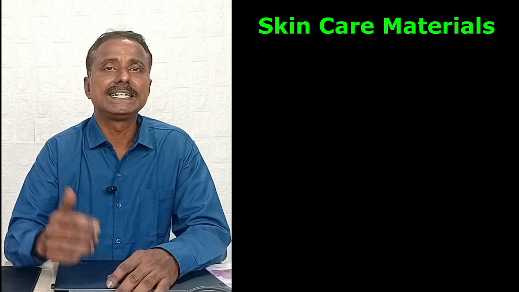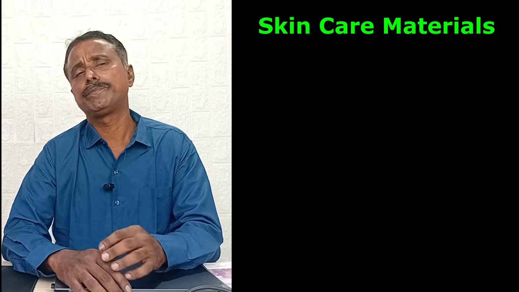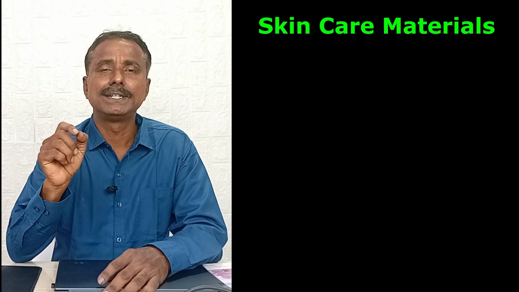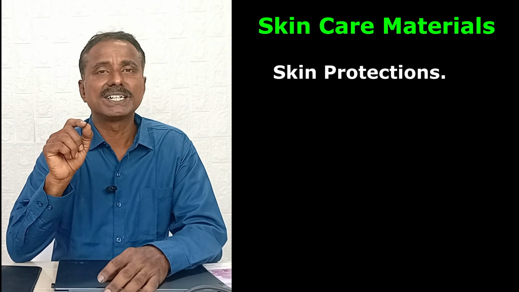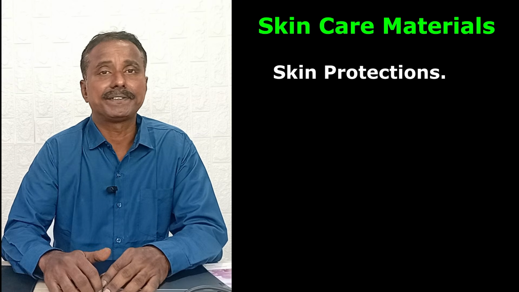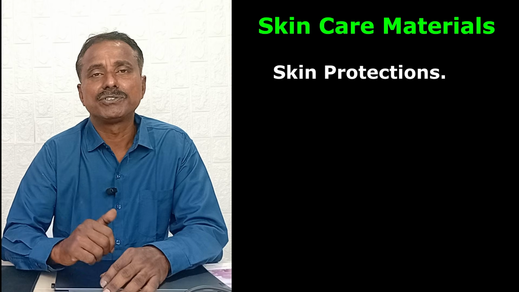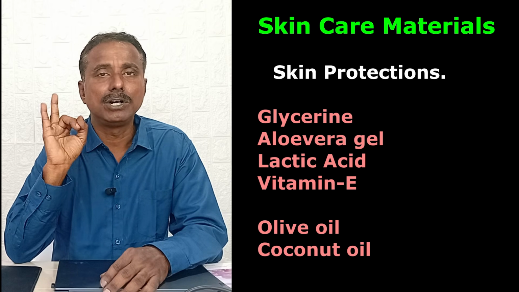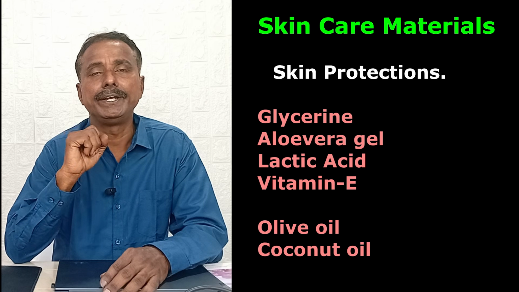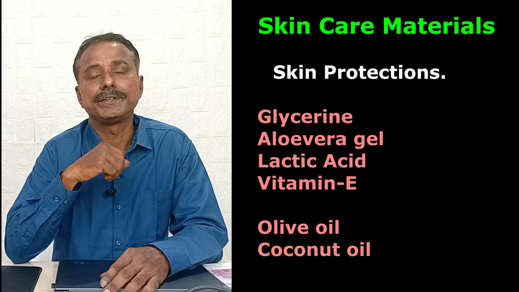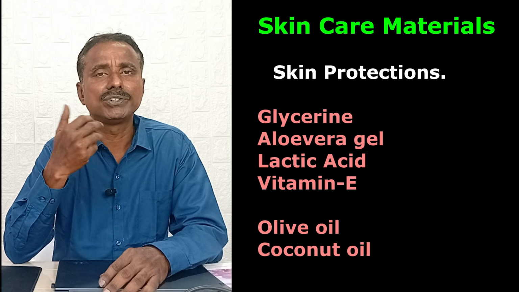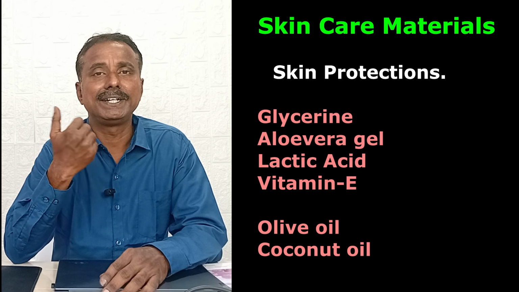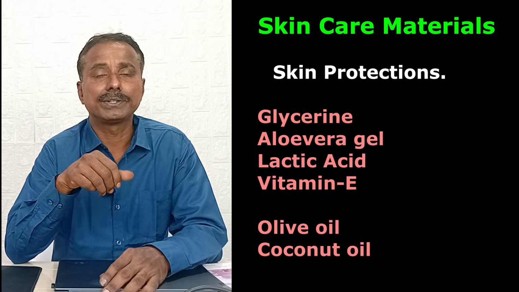Next, skincare materials. In a dishwash bar, even if we are maintaining the correct pH, it is advisable to consider skincare materials. Some examples are glycerin, olive oil gel, vitamin E, lactic acid, even coconut oil and olive oil, skincare materials or their derivatives.